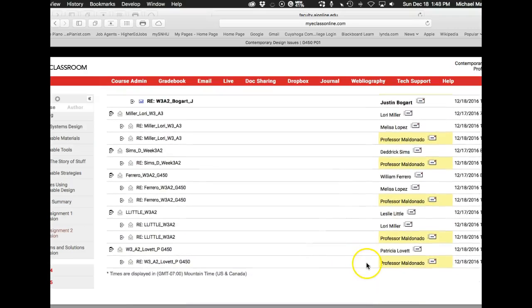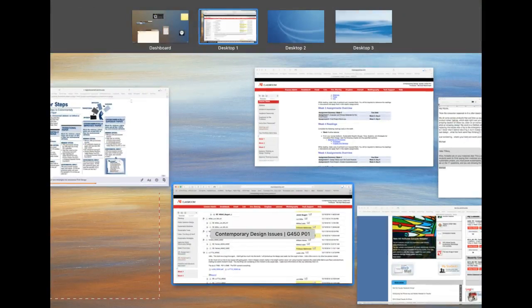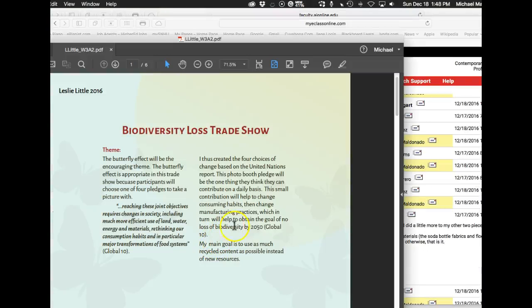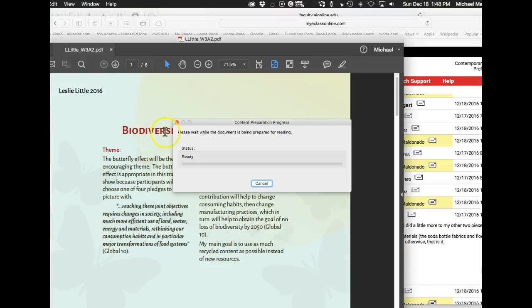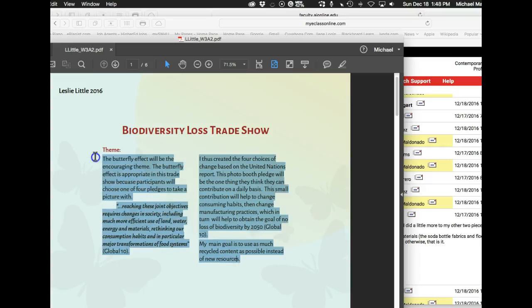I can show you one student who didn't fall short, and that was Leslie. I'm just going to pull up Leslie's work right here. Here's the PDF. I just want to show you some things that your presentation may not have included. First of all, she's got her trade show theme. So she's describing everything from the get-go.